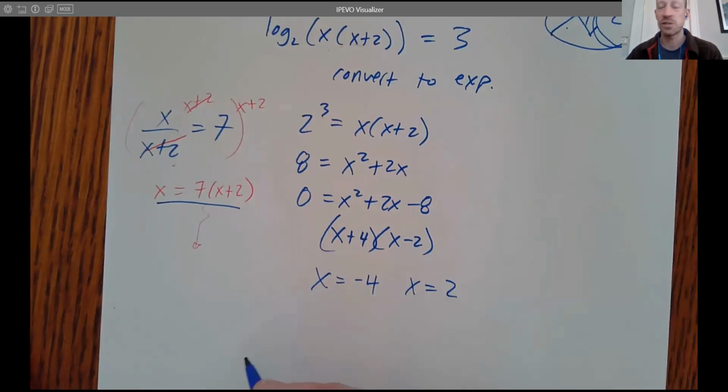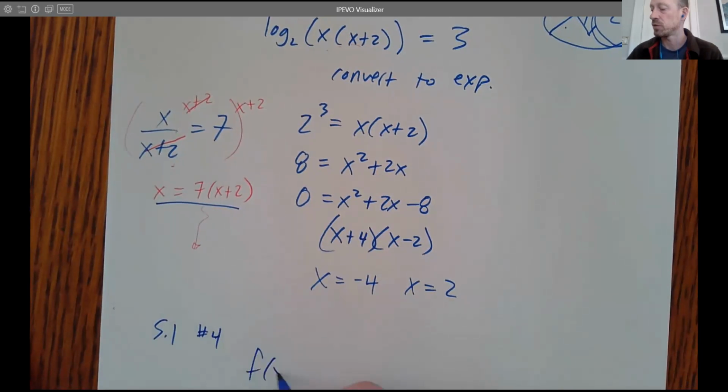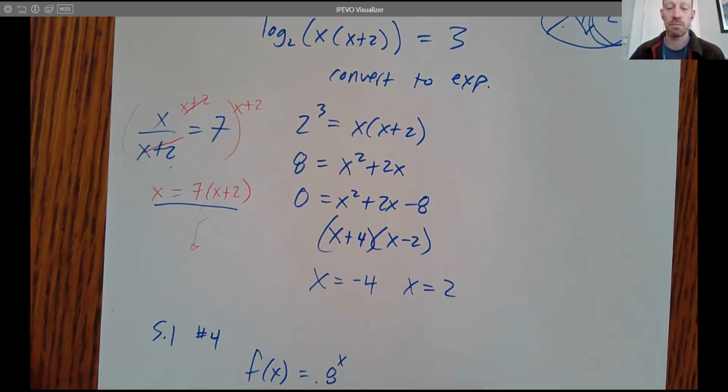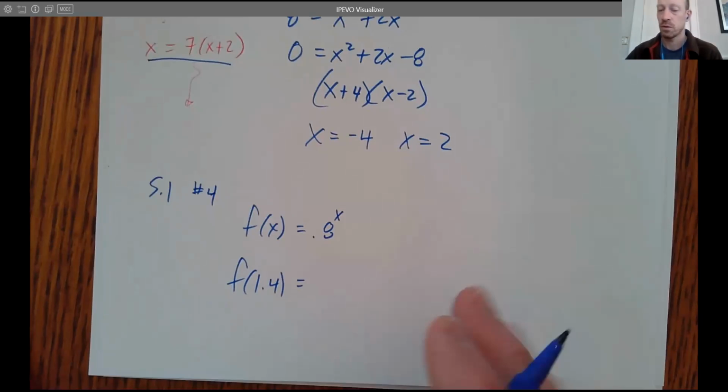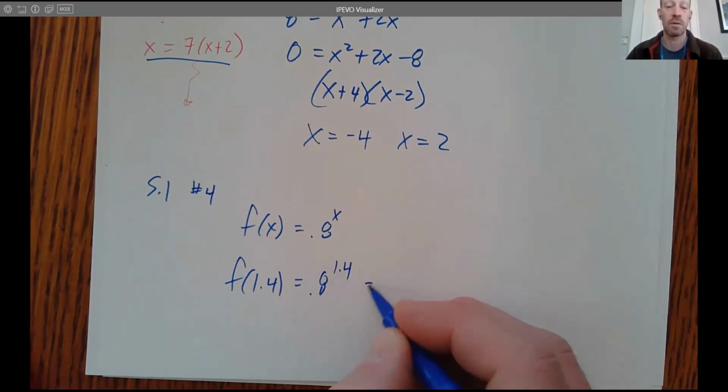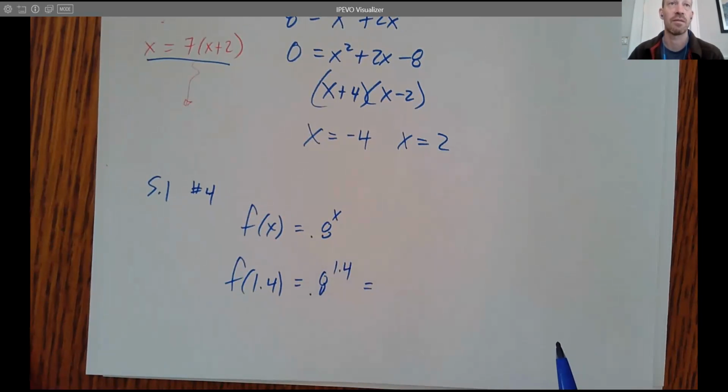There's a question from 5.1, number 4. The function was 0.8 to the x, and they just wanted you to evaluate it at 1.4. So that's a calculator question. No one knows what that is exactly, right? So you've got to figure out how to put that into your calculator.